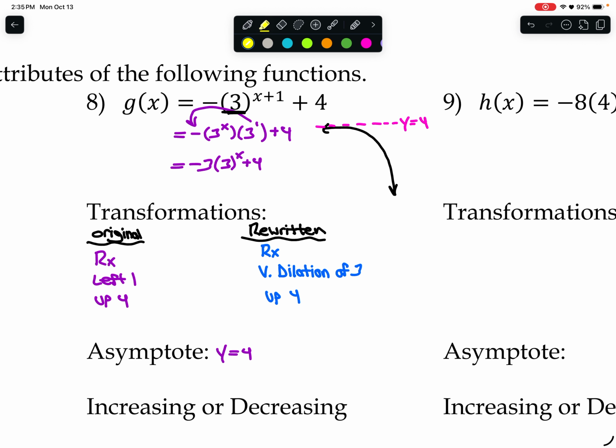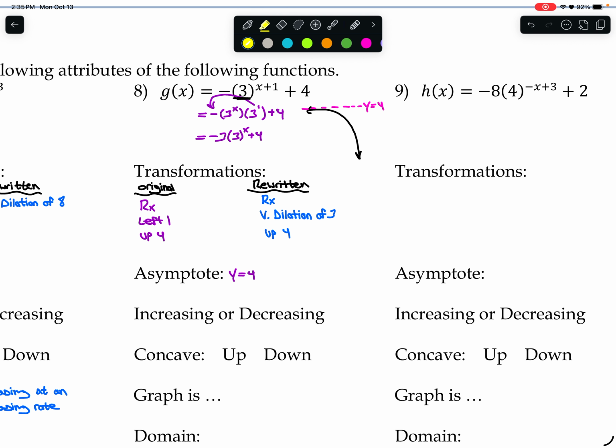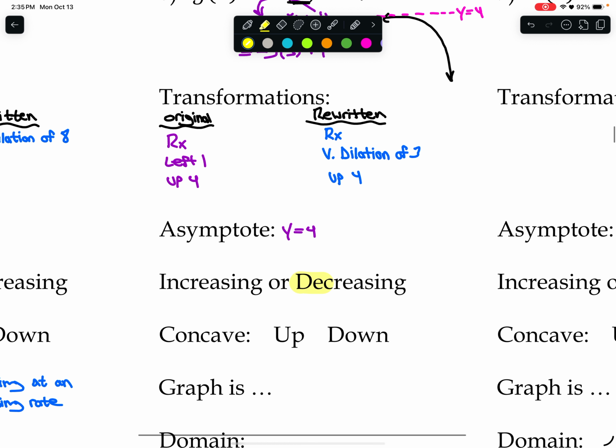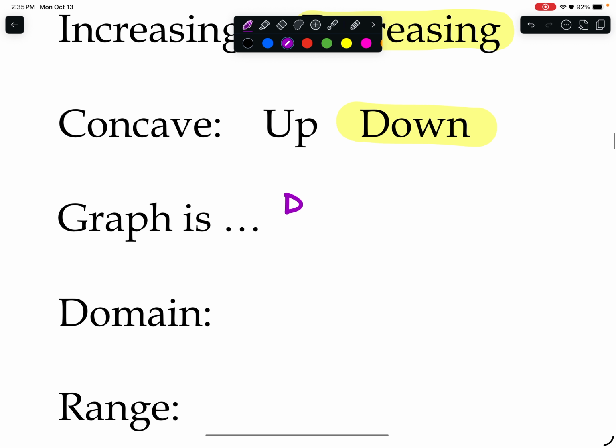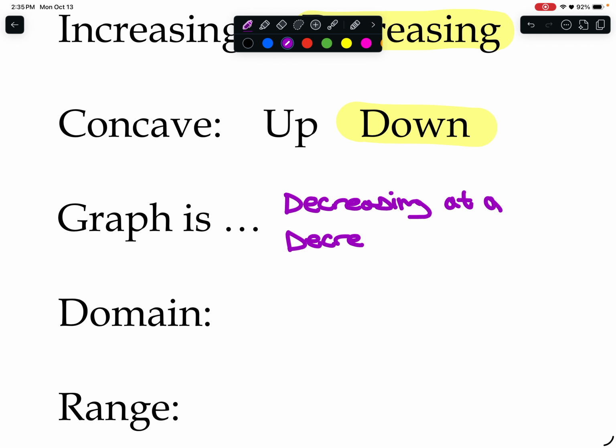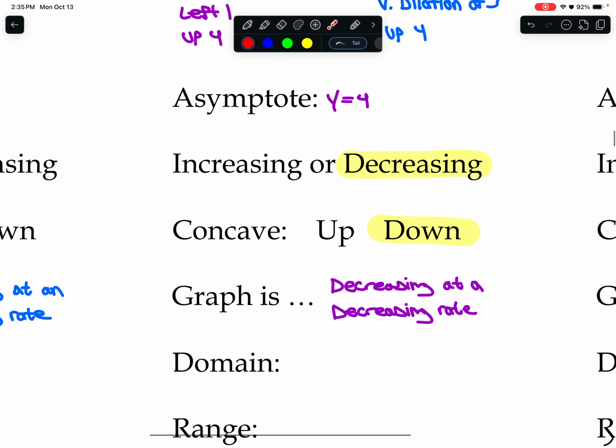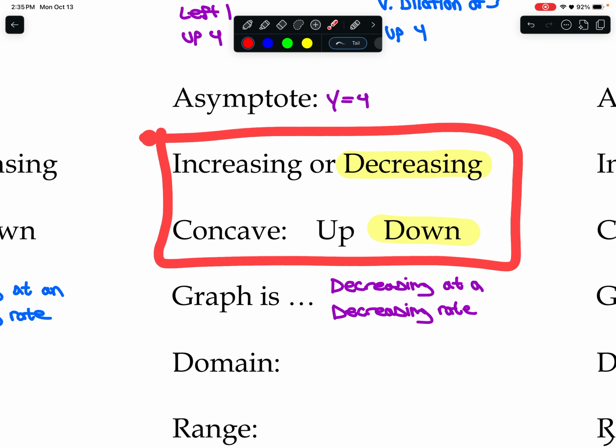So looking at my graph, I can see it's going to be decreasing and that it's also going to be concave down. And what that tells me is my graph is going to be decreasing at a decreasing rate. What I want you to put together is that I'm using the increasing, decreasing, and concavity to write this statement.